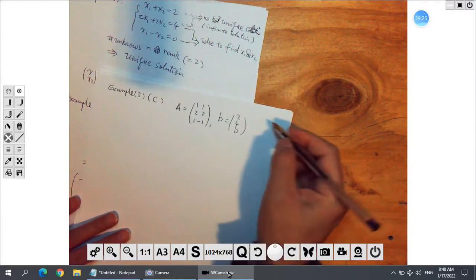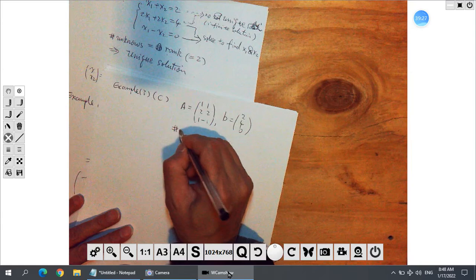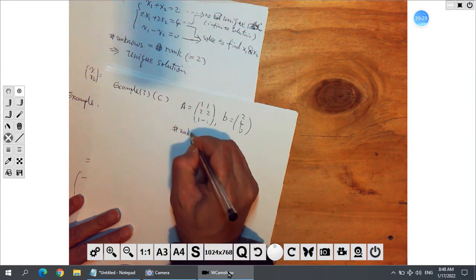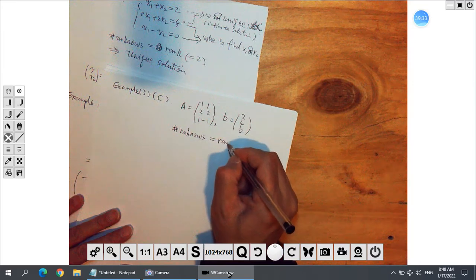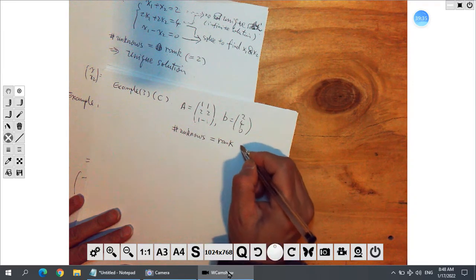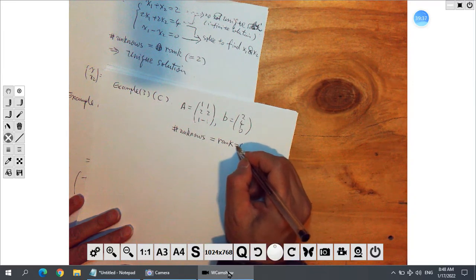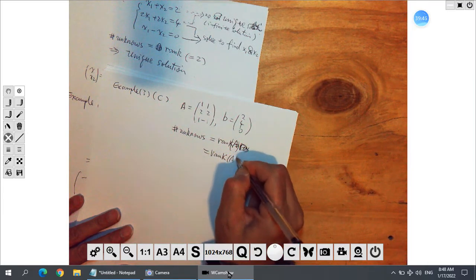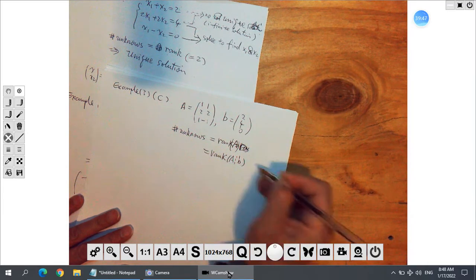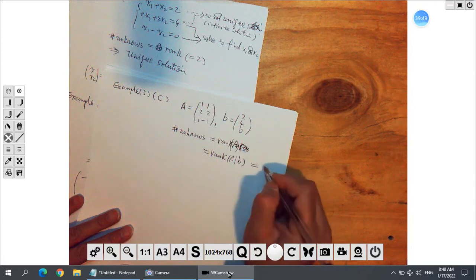In this case, the number of unknowns is equal to the rank of A, that is also equal to the rank of A combined with B. All of these 3 are 2.